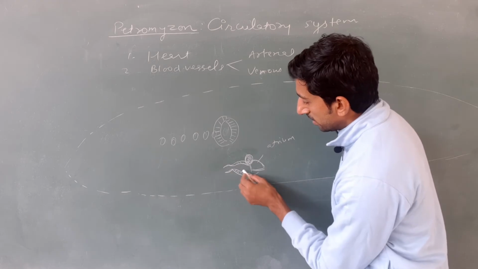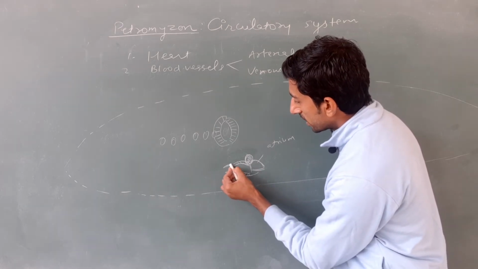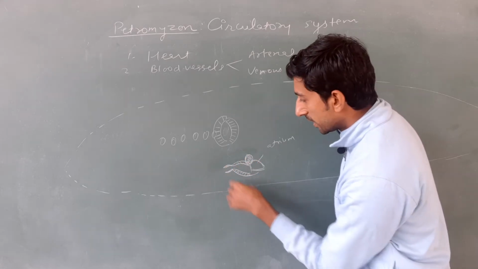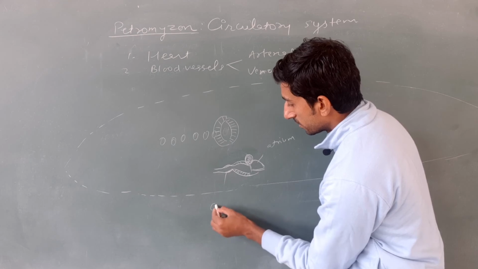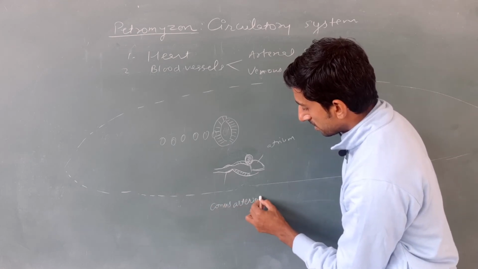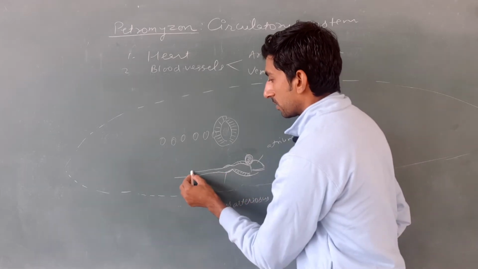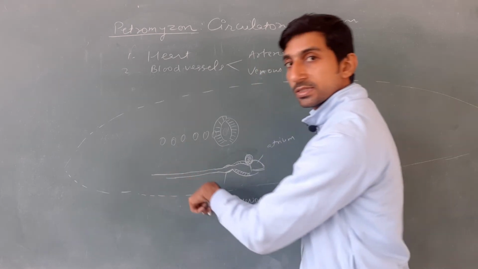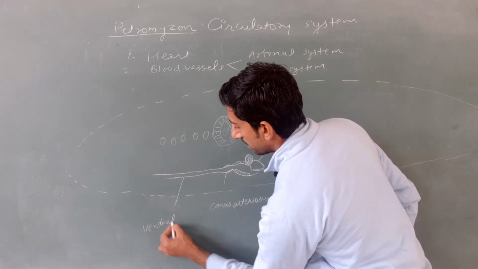From this ventricle, deoxygenated blood is pumped into the conus arteriosus, which is not well developed. It has semilunar valves, and from this conus arteriosus arises the aorta, which is on the ventral side. So this one is the ventral aorta.